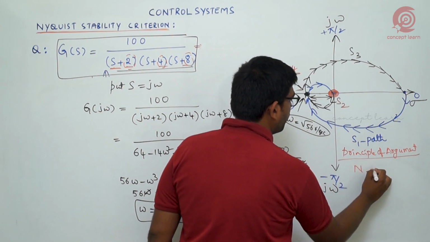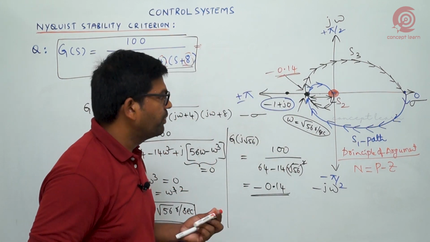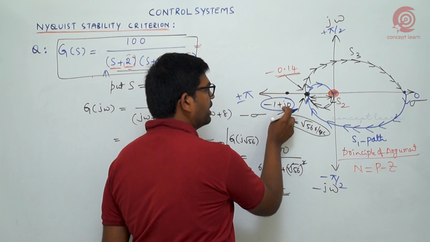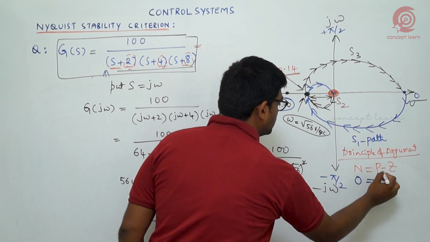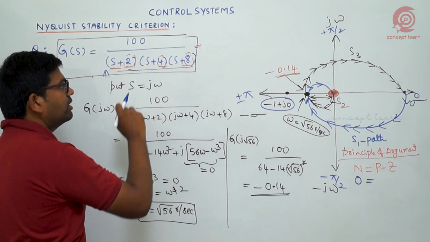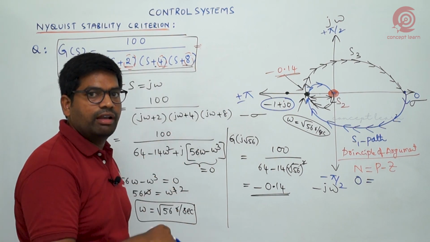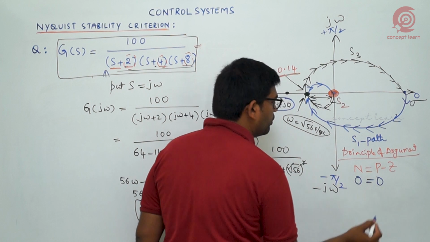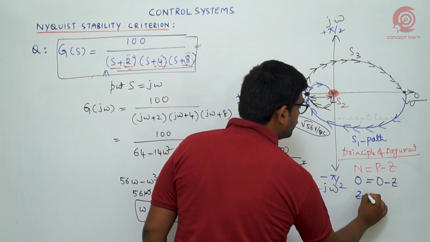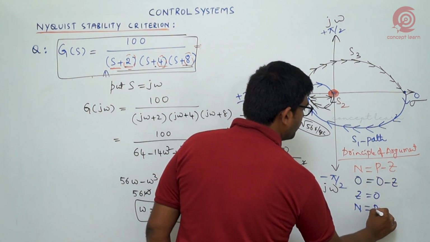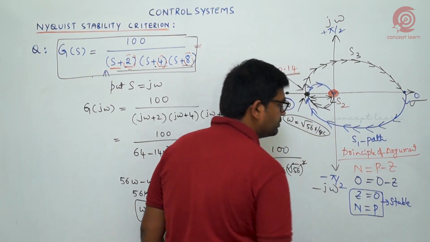N is equal to P minus Z. What is the number of encirclements here? No encirclement. Minus 1 plus j0 is outside, so the number of encirclements is equal to 0. Is there any pole located in the right-hand side? We already indicated all 3 poles are located in the left-hand side, so there is no pole in the right-hand side. So minus Z. What we notice is Z is equal to 0, N is equal to P. So now the system is absolutely stable.